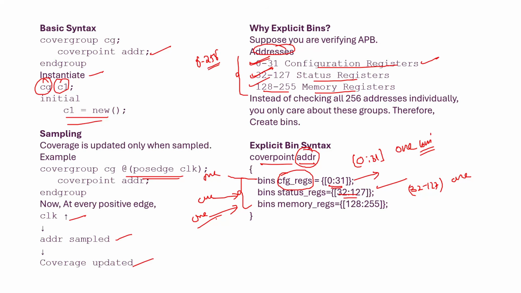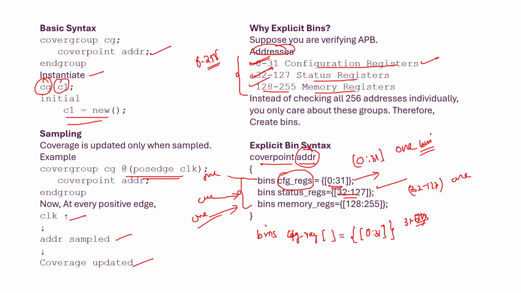In the same way, there are also automatic bins. How do we represent them? We write bins, a name such as configuration registers, and brackets, which say how many bins there are. 0 to 31 means 32 bins are created.